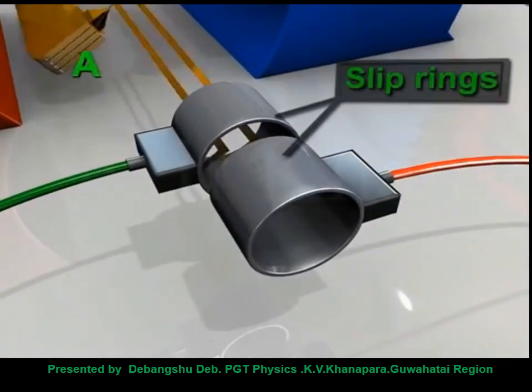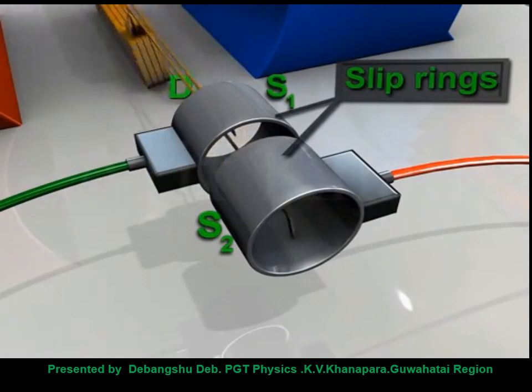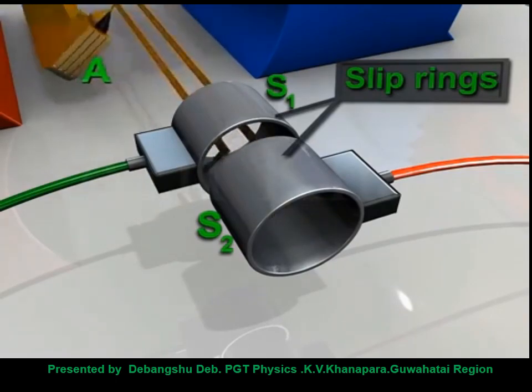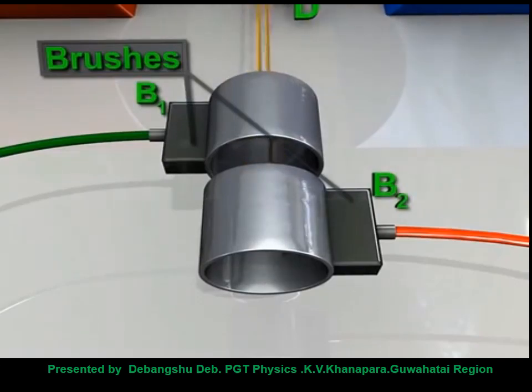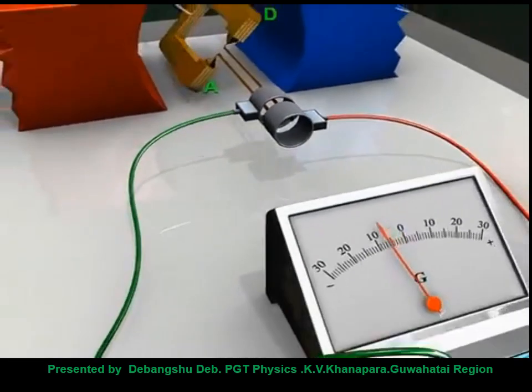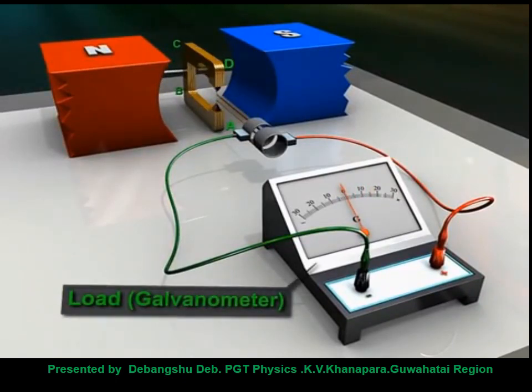The pole pieces are semi-cylindrical. Two slip rings are there to collect the induced charges, and they are connected to carbon brushes. These carbon brushes collect the charges and supply them to the load. Here the load is replaced by a galvanometer.